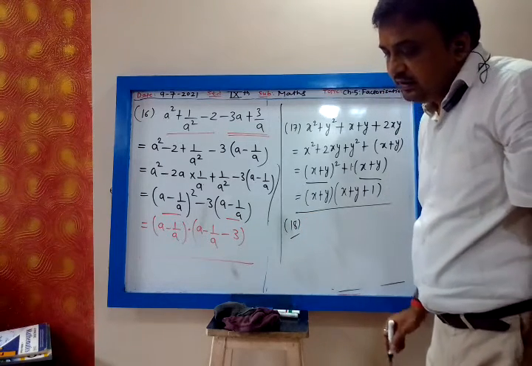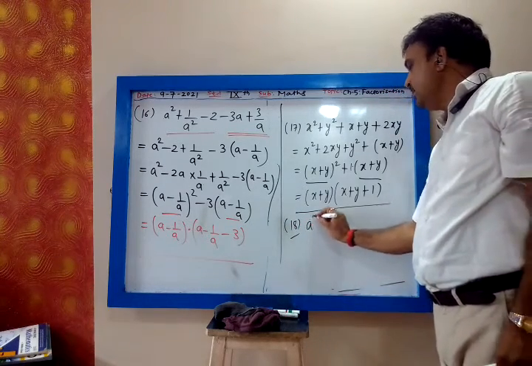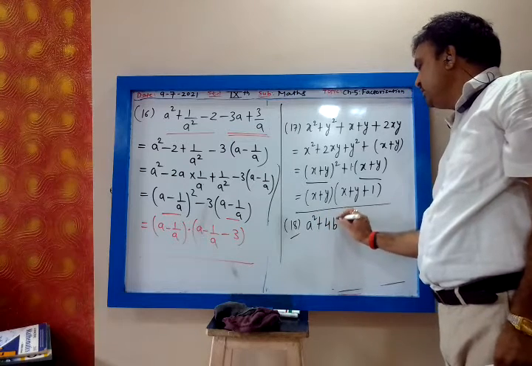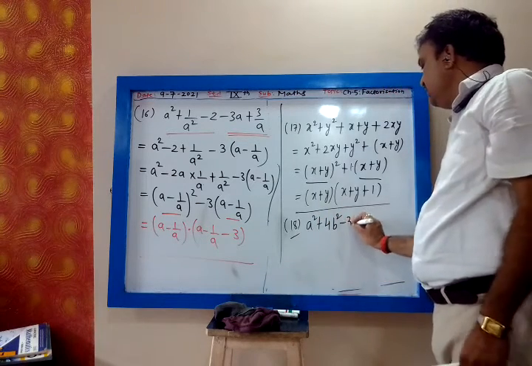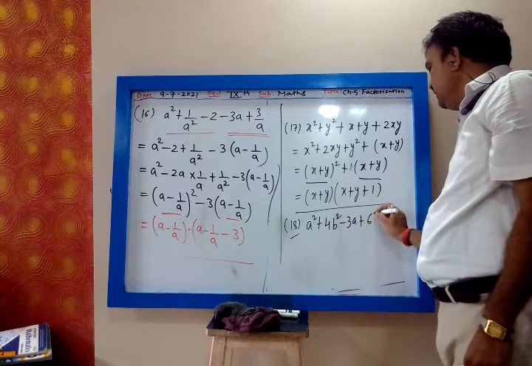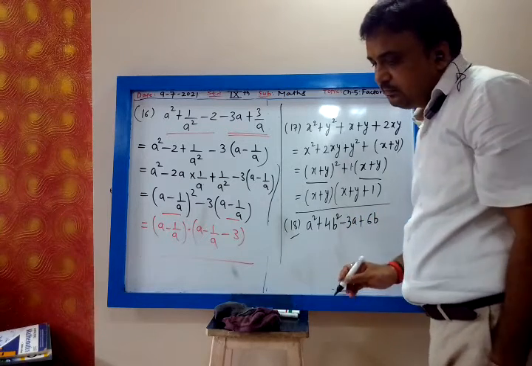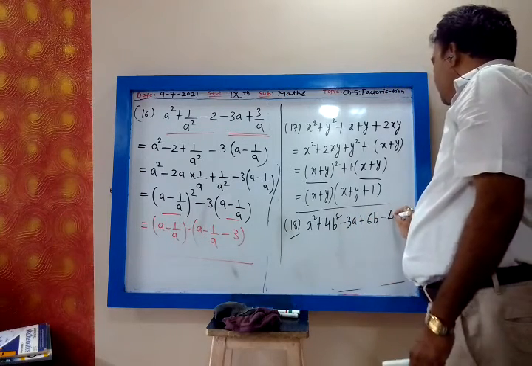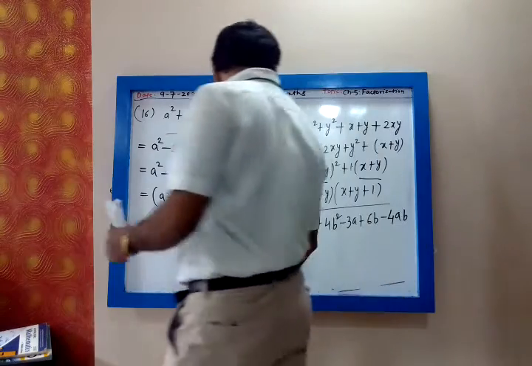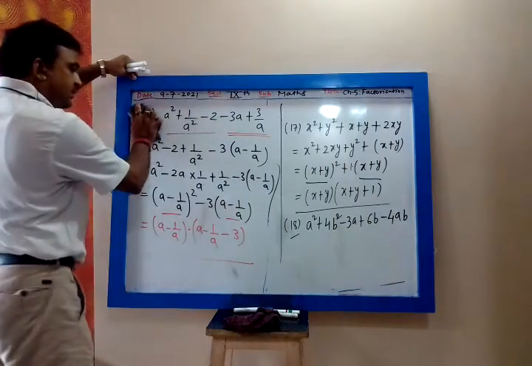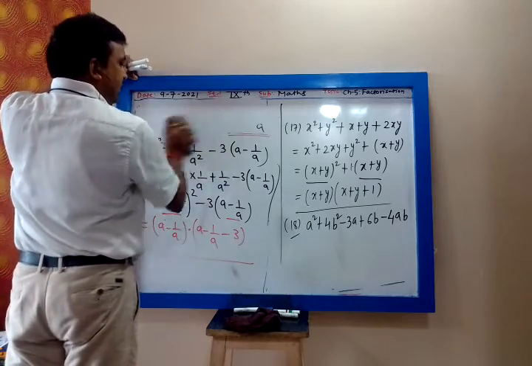18th. a square plus 4b square minus 3a plus 6b minus 4ab, okay. a square plus 4b square minus 3a plus 6b.